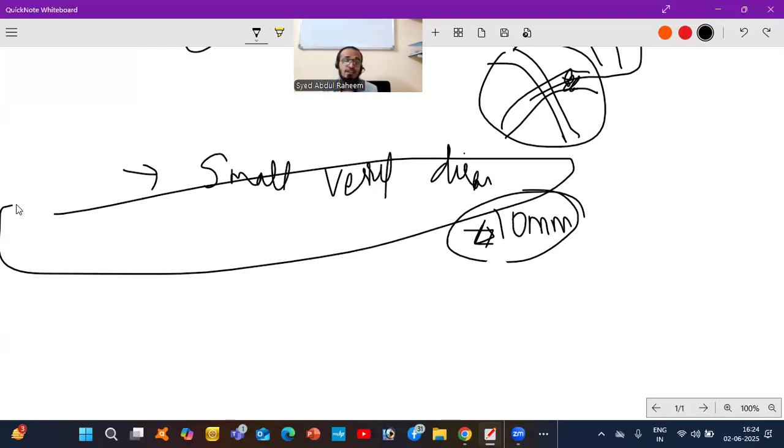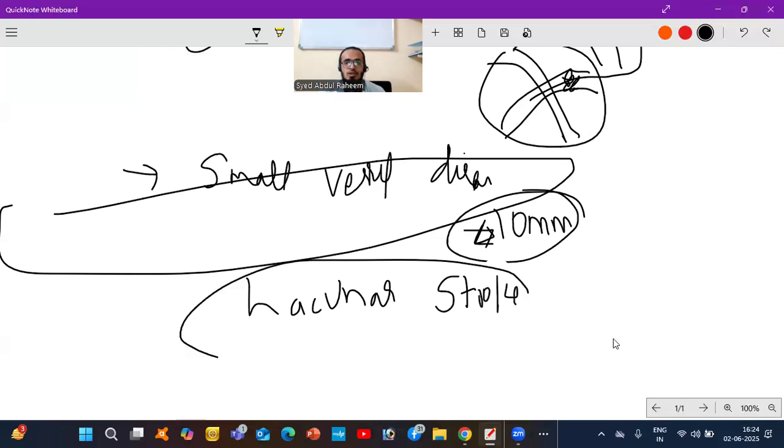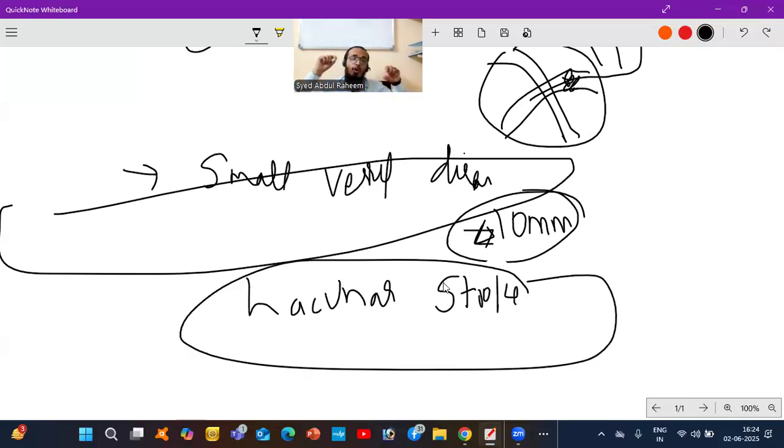You can see small vessel ischemic disease. Another term utilized here is lacunar disease, lacunar stroke.